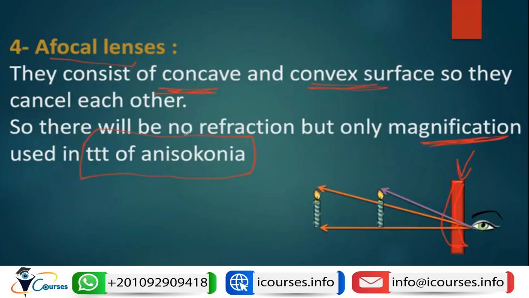So in case of Galilean telescope, we said that the concave lens will be a bit larger than the convex lens, so that in such condition we can make the concave larger than the convex surface in order to have a magnification, but we should note that this system will have no refraction. So it will cause only magnification but no refraction.